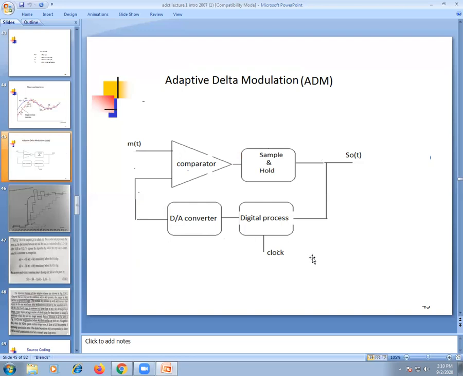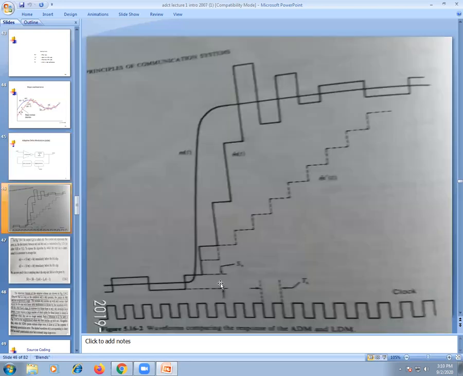Where does the adaptation take place? The adaptation takes place in the digital processing approach. As an example, there is a waveform. This is a clock, and this is the M of t signal, and this is the M cap of t signal. Now the dotted line is delta modulation. The solid line steps are adaptive delta modulation.